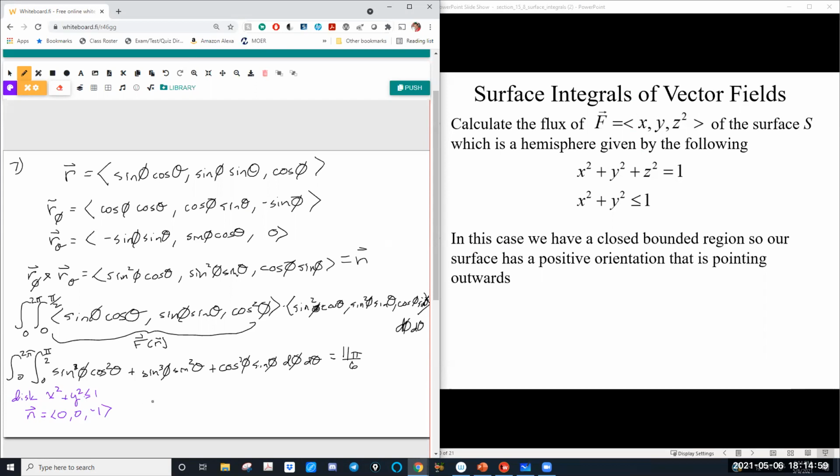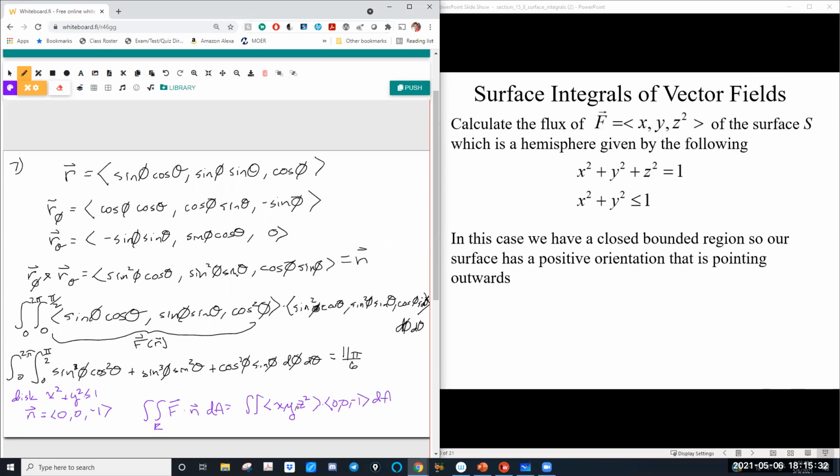And we can actually dot this with our vector field. F dotted with N. So we're going to dot together X, Y, Z squared with 0, 0, -1.